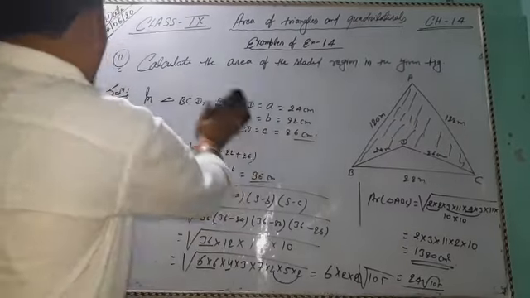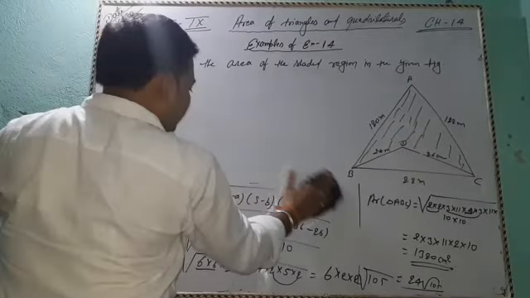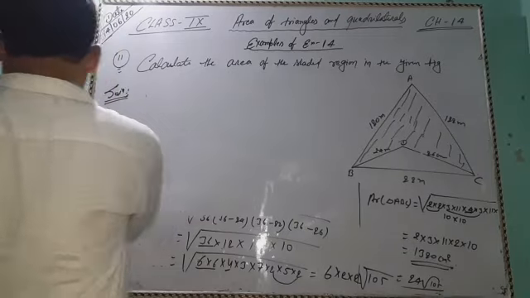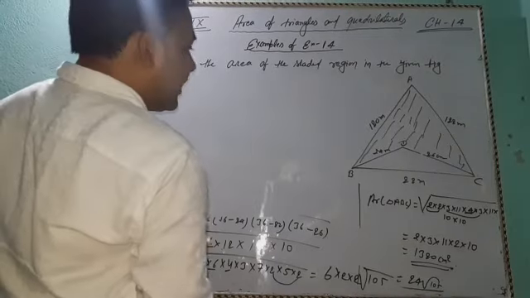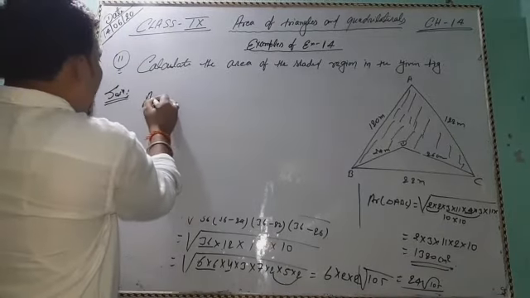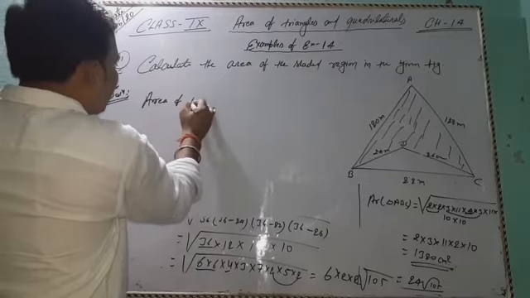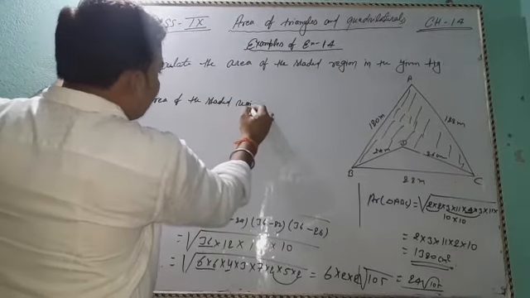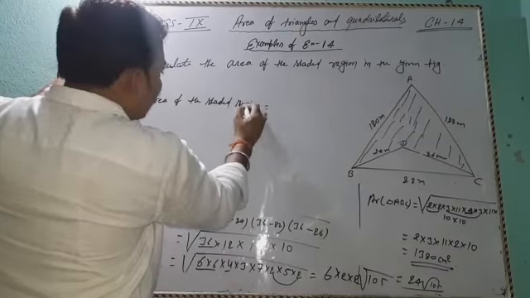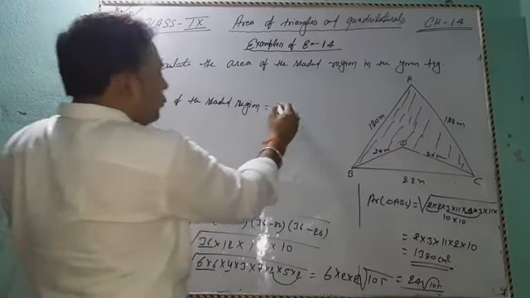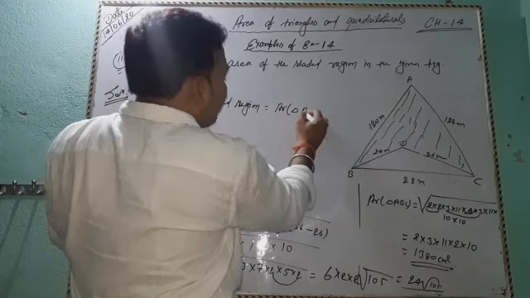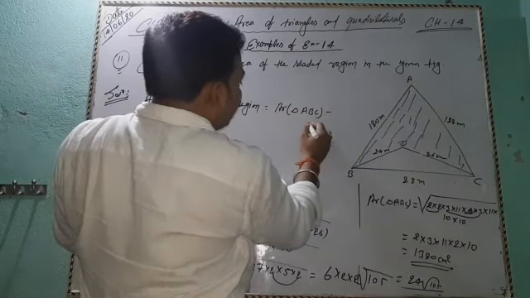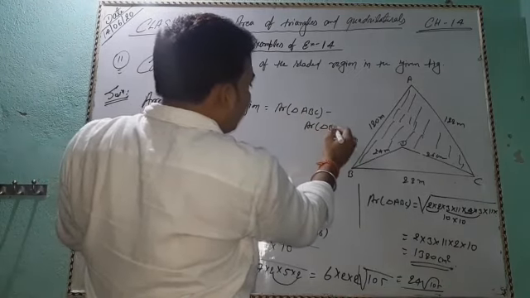Okay, and the area of the shaded region equal to area of triangle ABC minus area of triangle BCD.